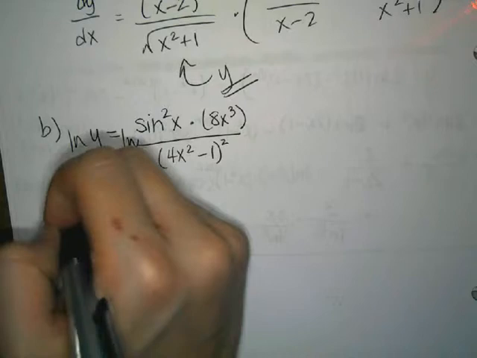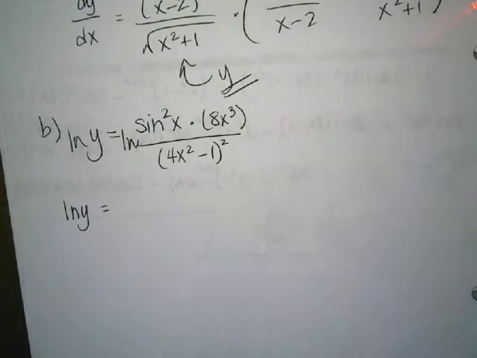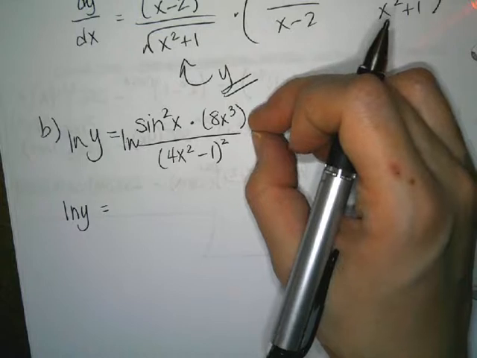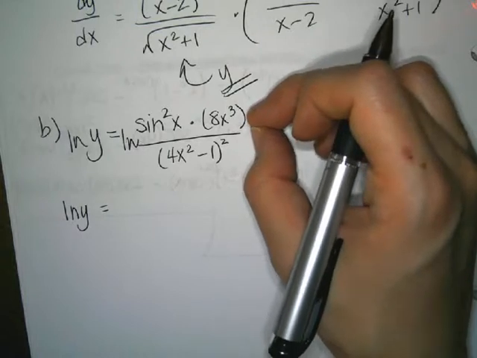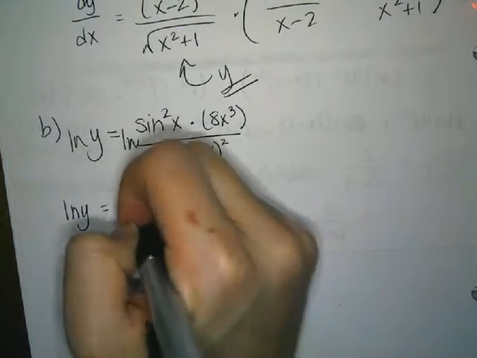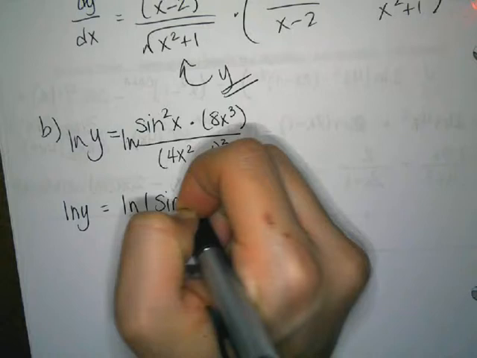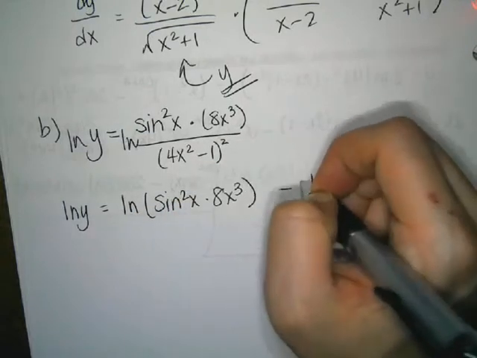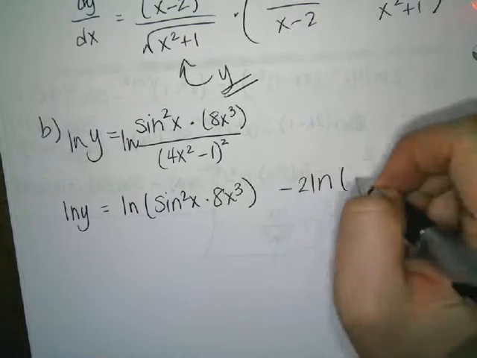So you have ln of y. Now, if you remember from expanding log expressions in Algebra 2, we always broke up the division first and then broke up the multiplication. The first thing that you would do is have ln of sine squared x times 8x cubed minus 2 times ln of 4x squared minus 1.